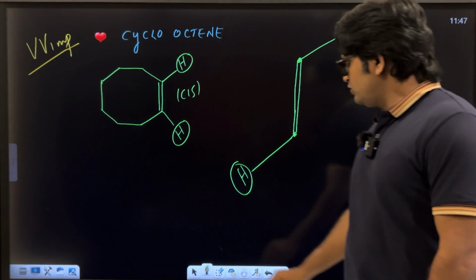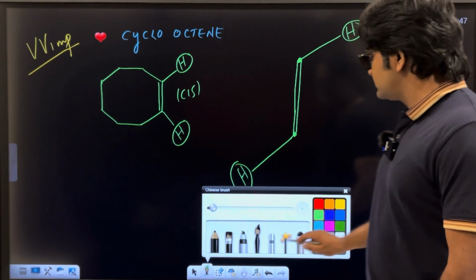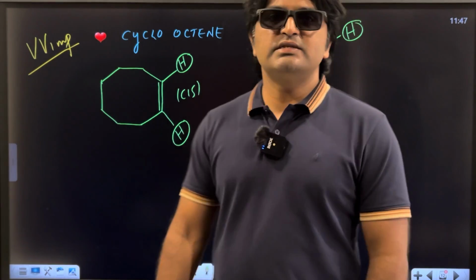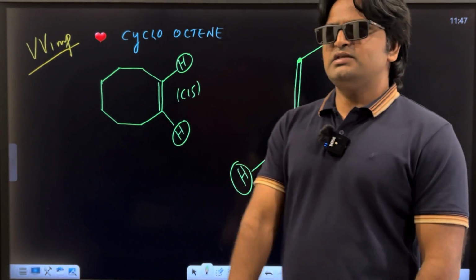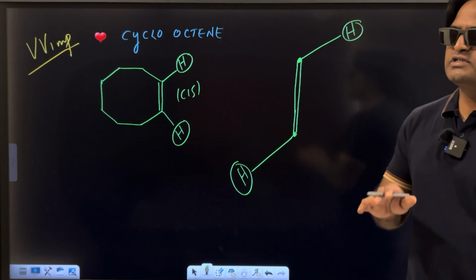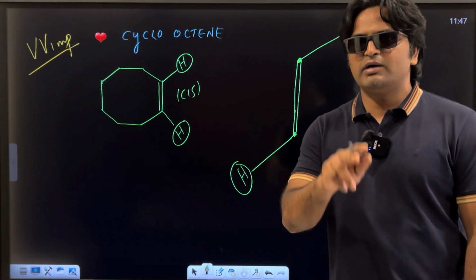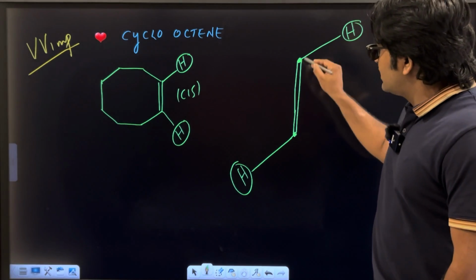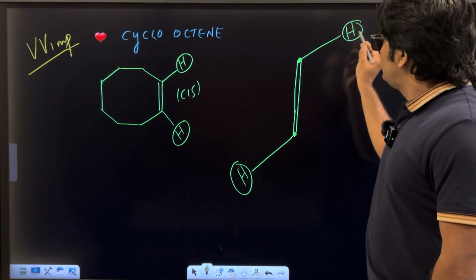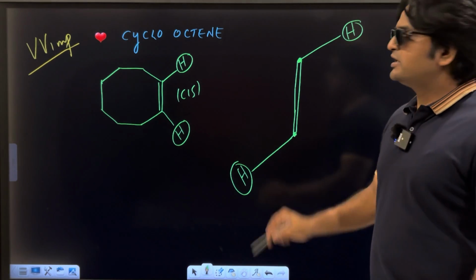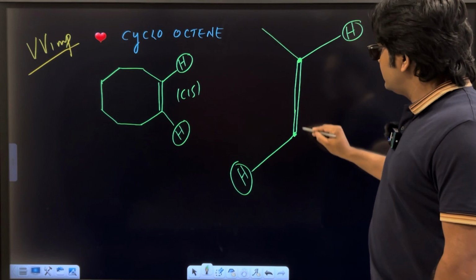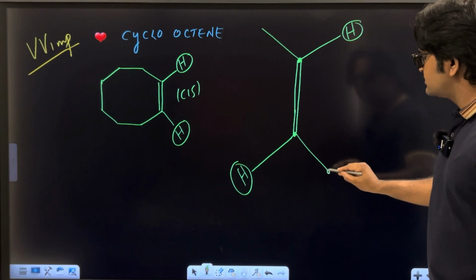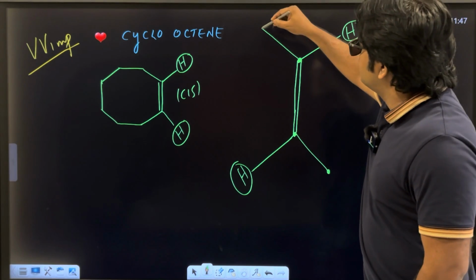Next, how to arrange the remaining 6 carbon atoms? To arrange them, first at least try to arrange 2 carbon atoms. If 2 hydrogen atoms are present in opposite directions, then carbon atoms are also present in opposite directions. Carbon, again here also carbon.